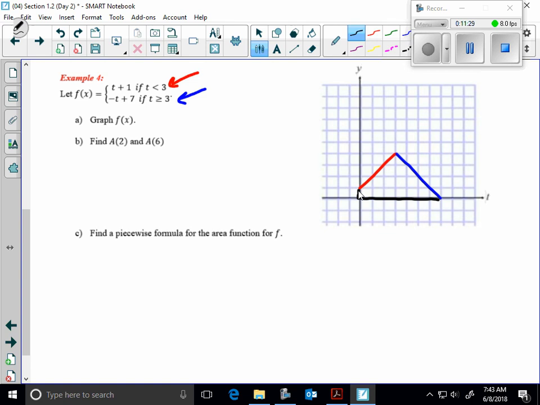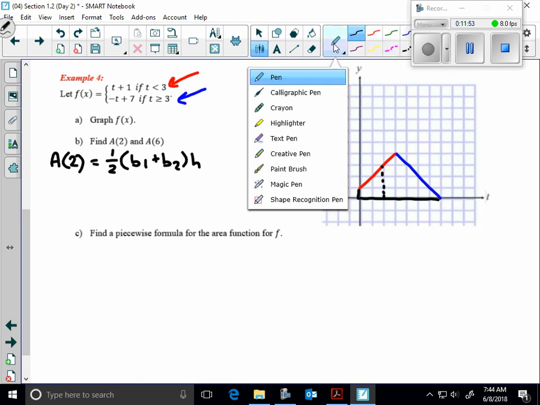So let's just do a quick go on the area up to 2. That shape is going to be a trapezoid, and the area of a trapezoid is 1/2 base 1 plus base 2 times the height. Let's talk about what the values for base 1 and base 2 would be. I'm going to use the highlighter here.